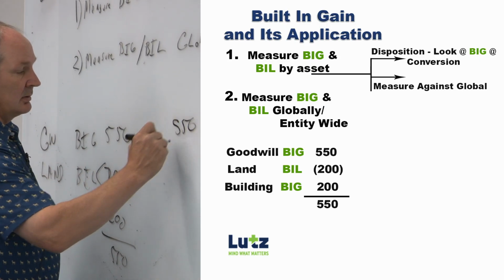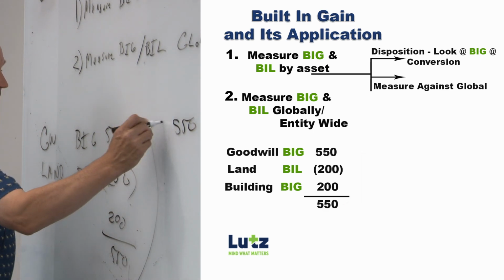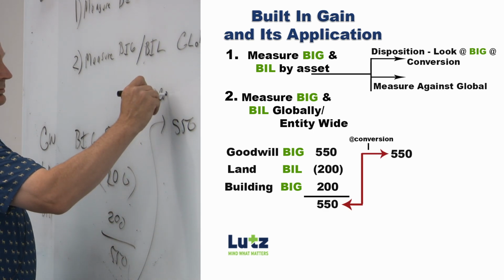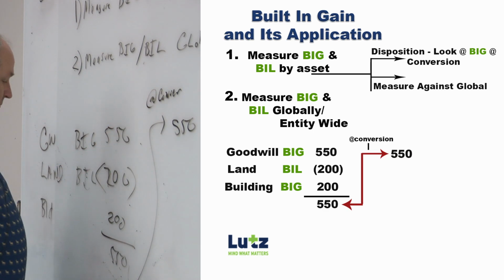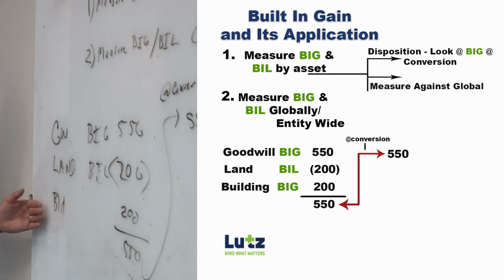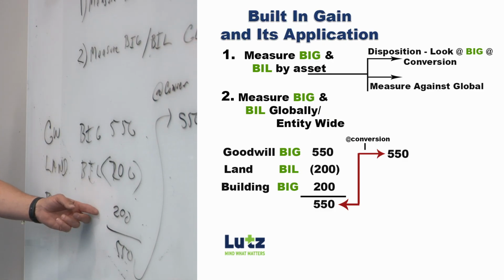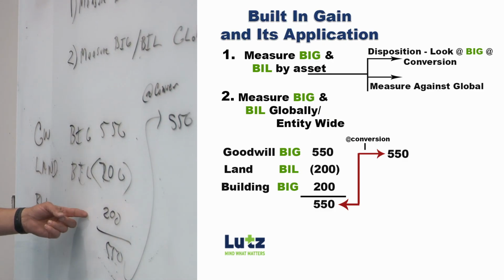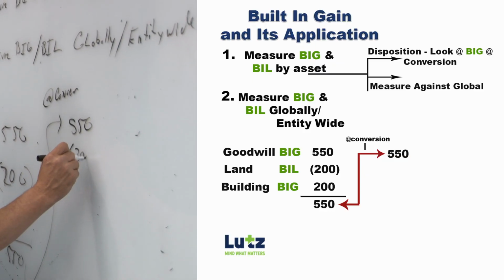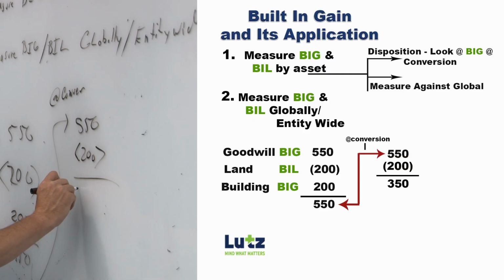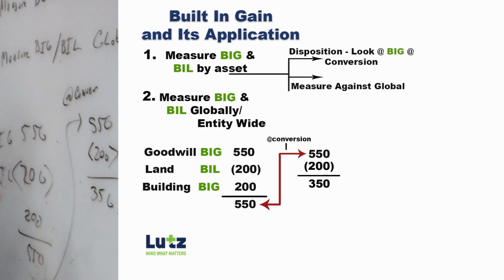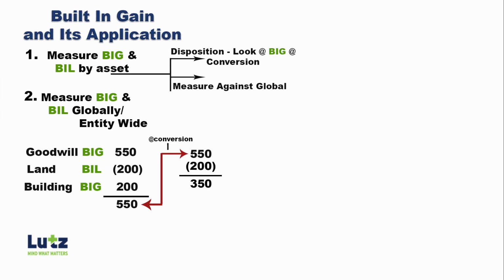Okay, so 550 is what we had globally at conversion. And we have to measure this for a period of 5 years. Well, we sold the building, and we recognized 200. So we now get to deplete that built-in gain by the 200 we had to recognize.